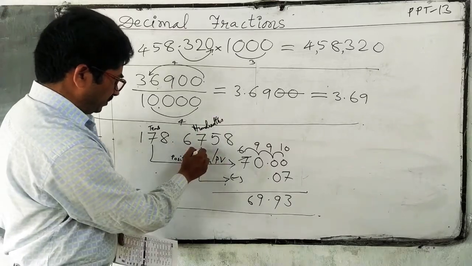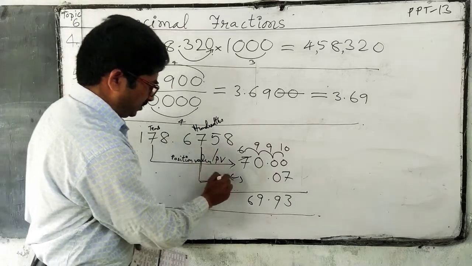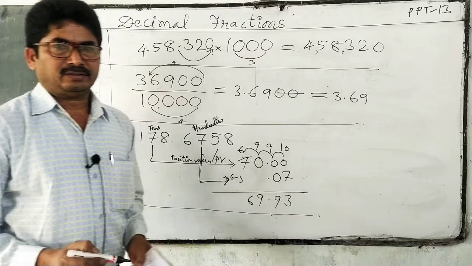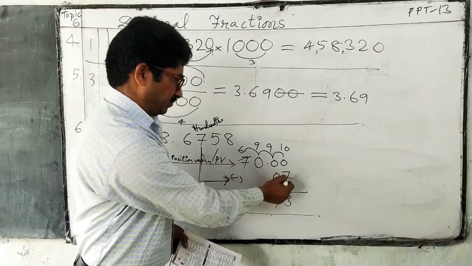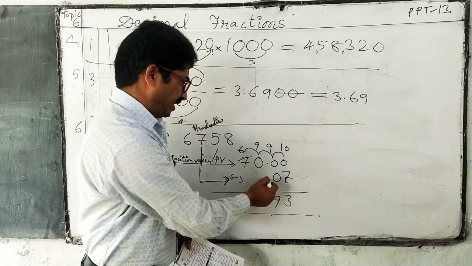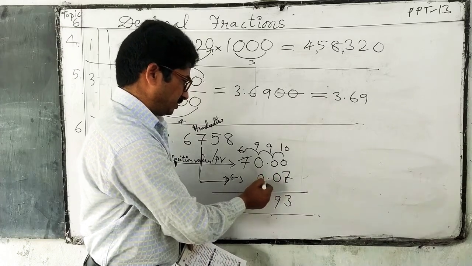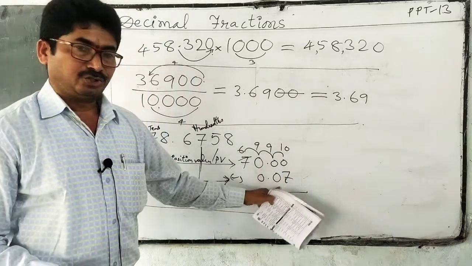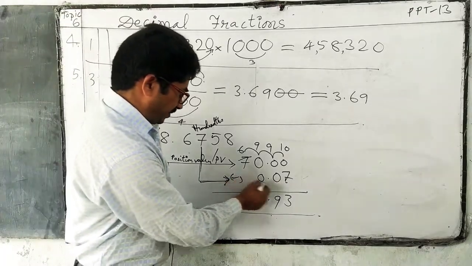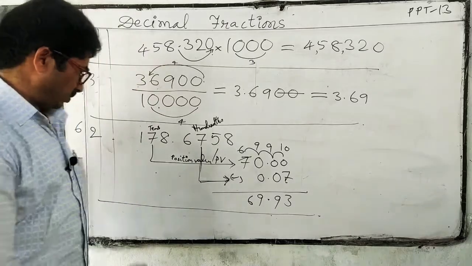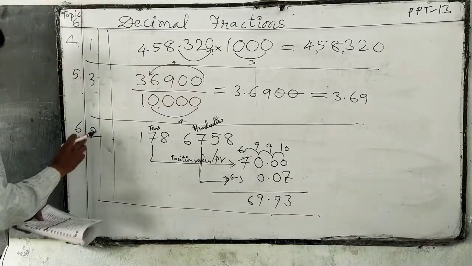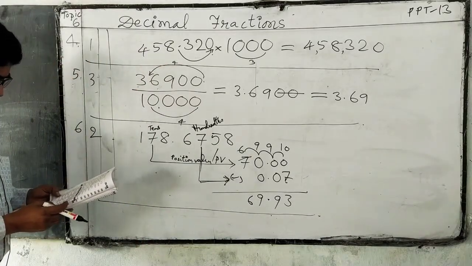So the value of the 100th place 7 is 0.07, 7 hundredths we can write 0.07. After subtracting this we get 69.93. So this is the second option.